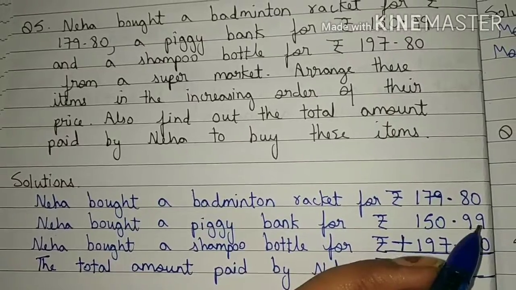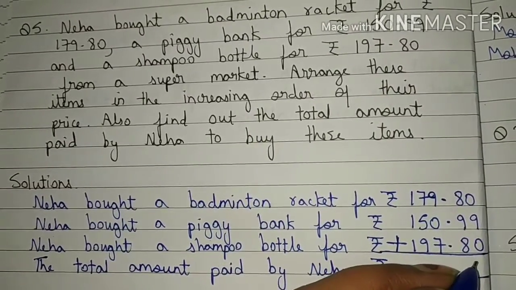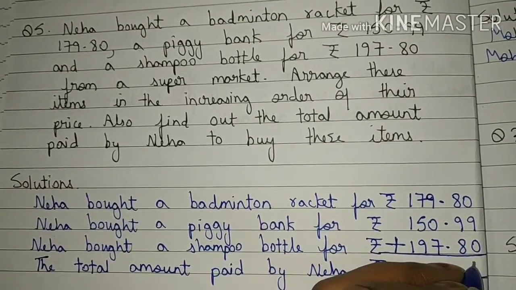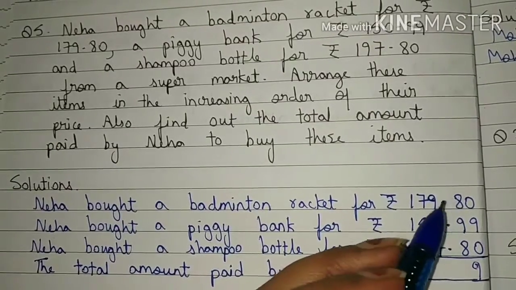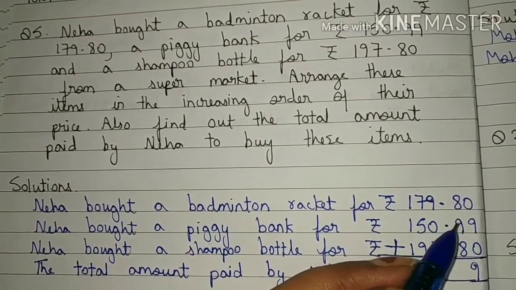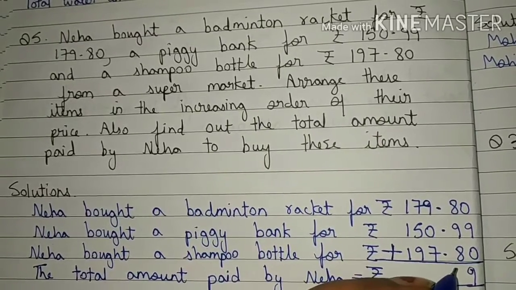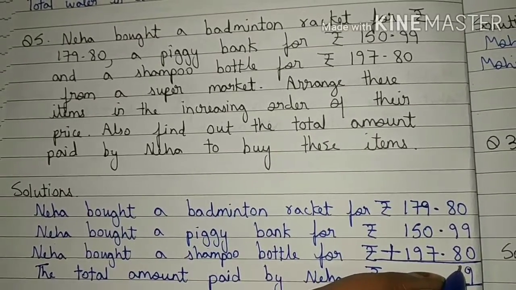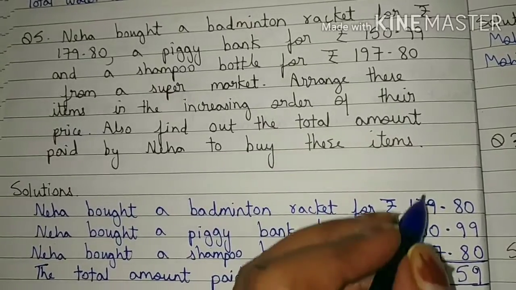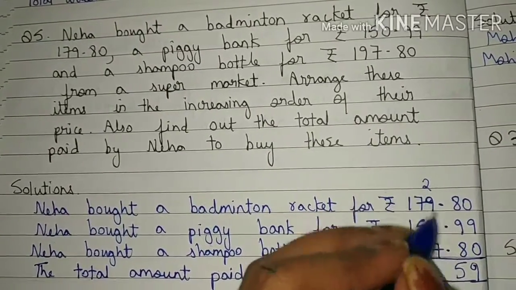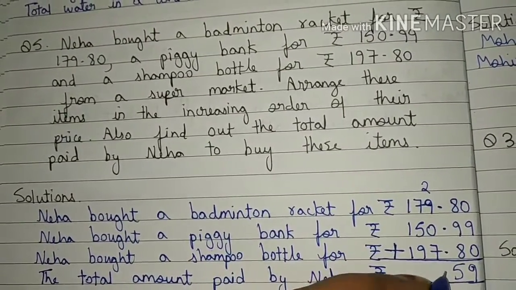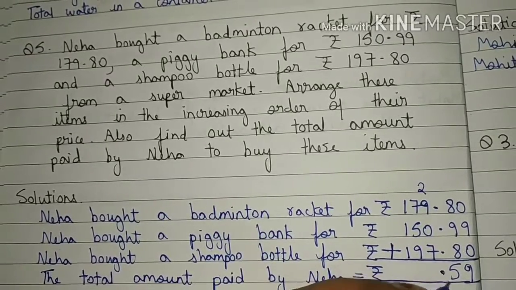0 plus 9 plus 0 is equal to 9. 8 plus 9 plus 8 is equal to 25. So here we will write 5. Here we will write 2. Students, you can see here is a decimal point. So we will put a decimal point.